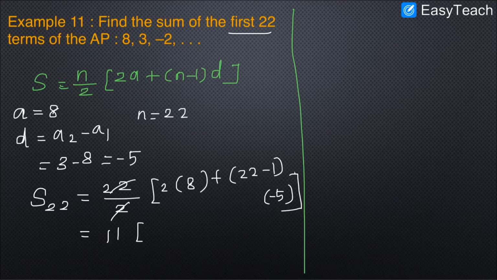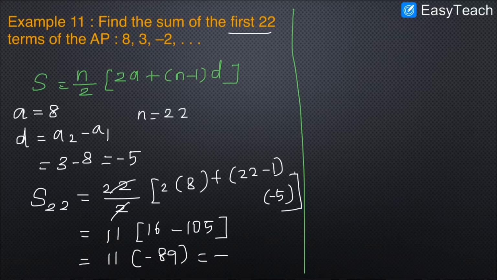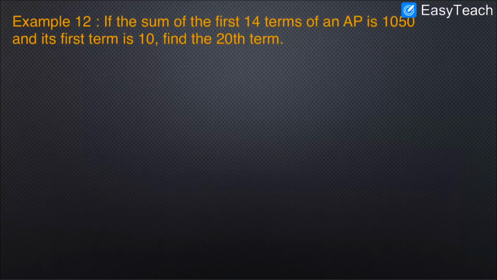Let's reduce. So 11 into (2 eights are 16 plus, after multiplying these two, minus 105), which equals 11 into minus 89, which gives minus 979. So we can conclude the sum of the first 22 terms is minus 979.